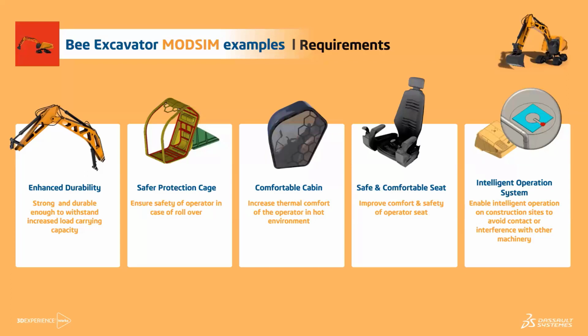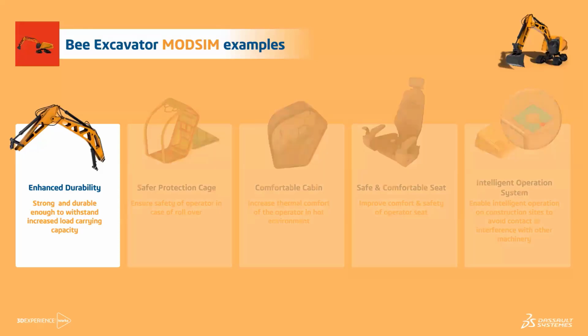But here it will be on antenna design. Here what we'll see is where we should place the antenna on the machine and what type of impact it could have on the field. So let's focus on the first challenge, which will be to enhance the durability.